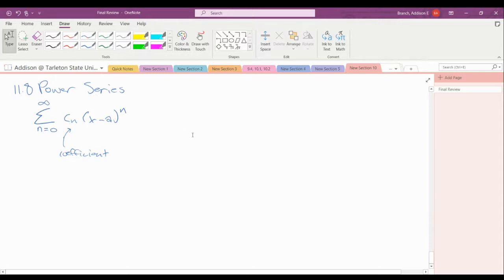Whenever we talk about convergence with power series, there are actually 3 different ways this could work. Your power series could be convergent only at x equals a, just that little midpiece.